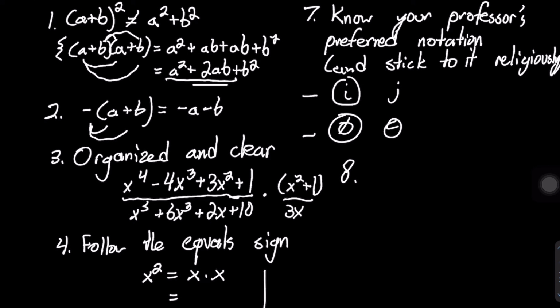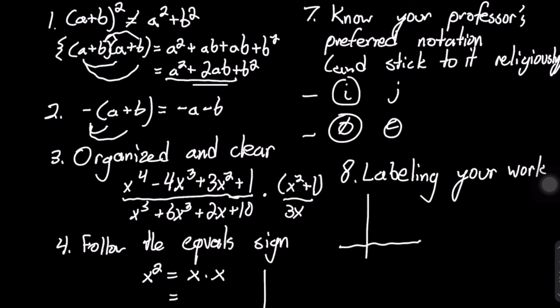The next goes hand in hand with organized and clear work, which is constantly labeling your work. So if we have a graph, for example, you'd always want to specify x and y, or real and imaginary, just to make it clear to yourself and to the people who might be reading your work that you understand the material and you understand what's going on.